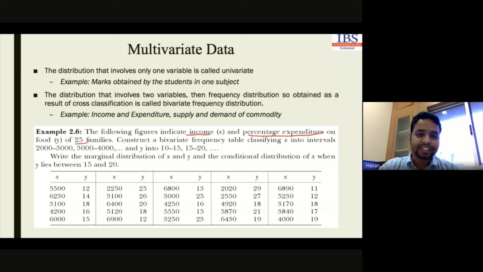We can take the serial number here, 25 families, serial number 1, serial number 2, serial number 3, like this. For each family, we consider two parameters, income and expenditure. That's why it is bivariate data.